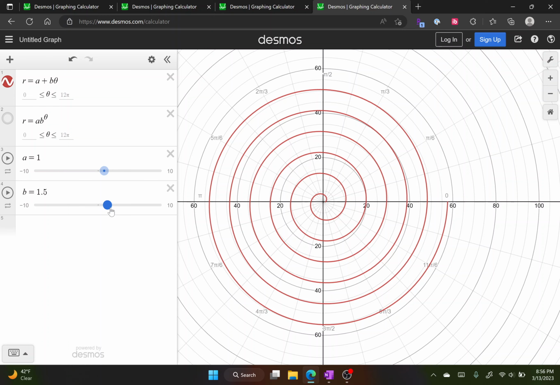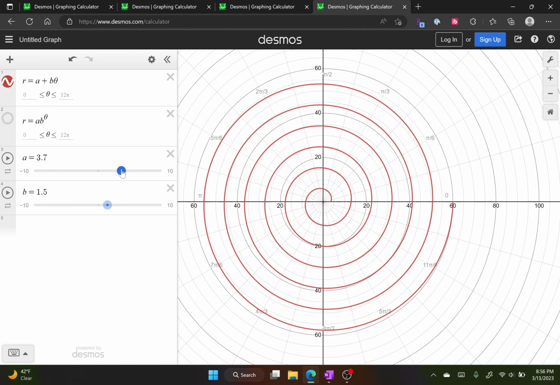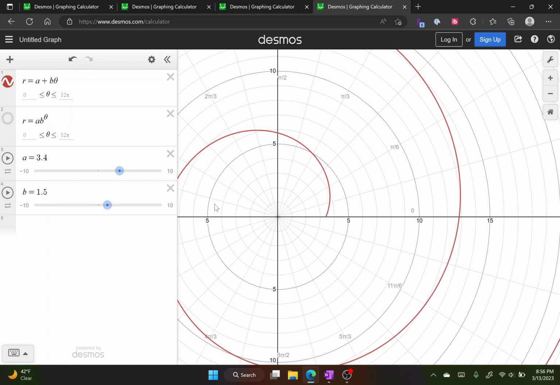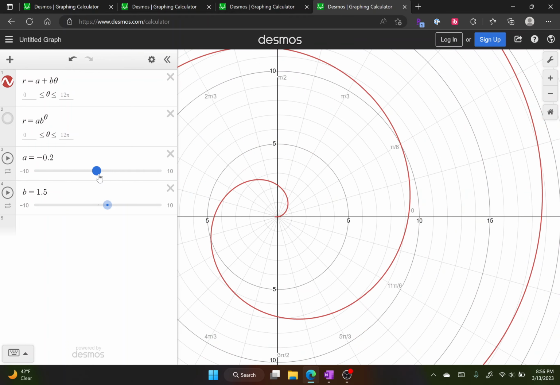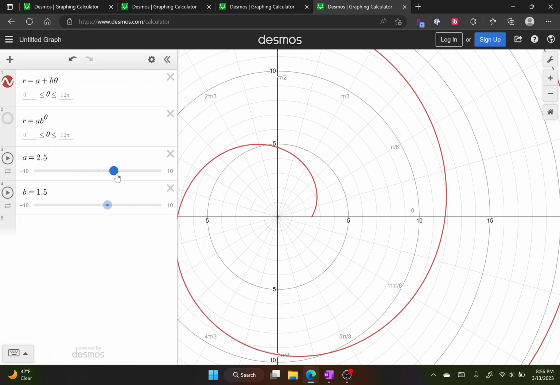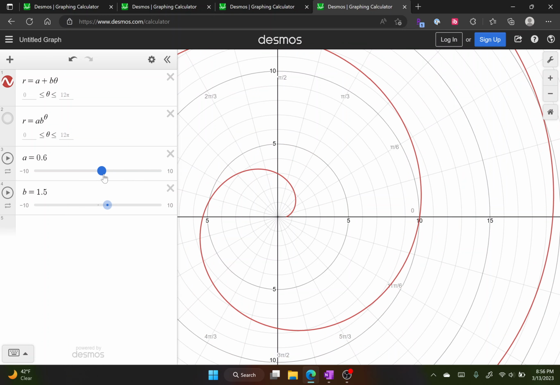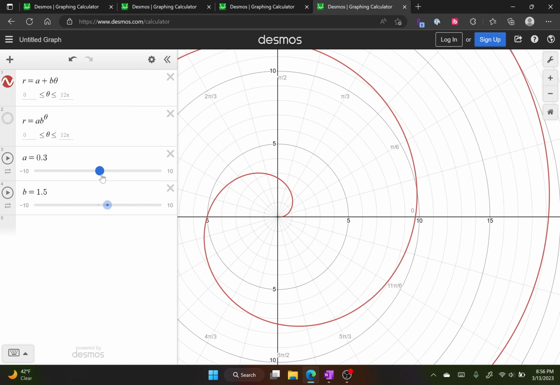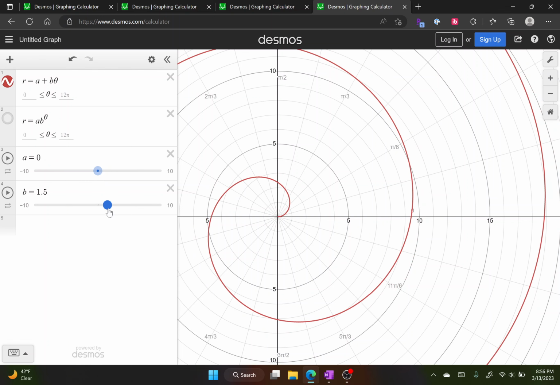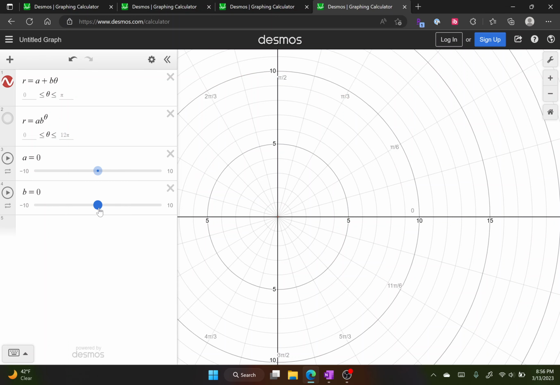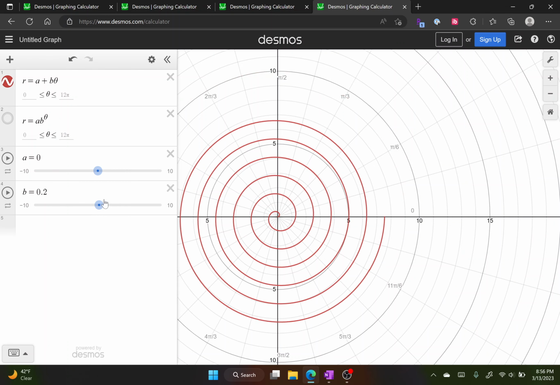So that's how you can kind of match those up. And then a is just going to really change, if you look towards the center, where that first spiral is going to start. And then b just deals with the size of this.